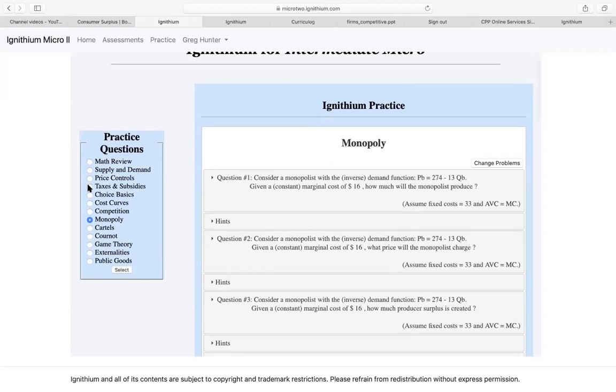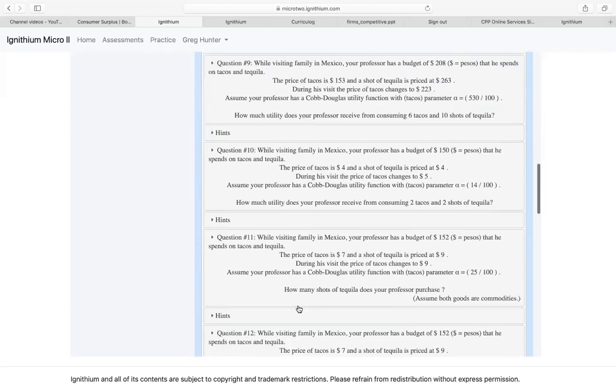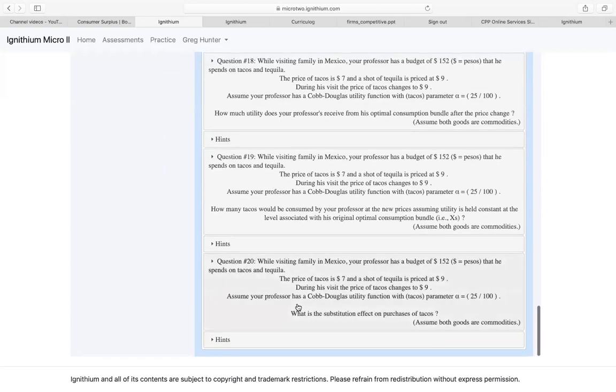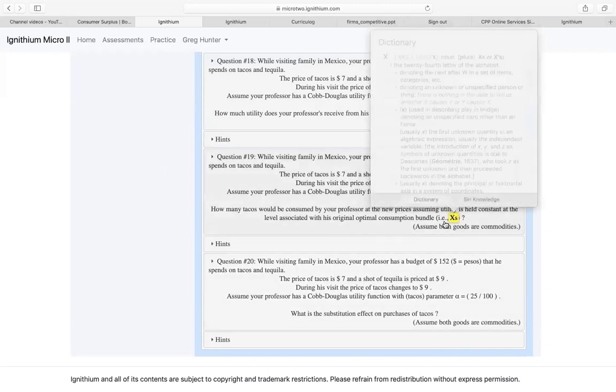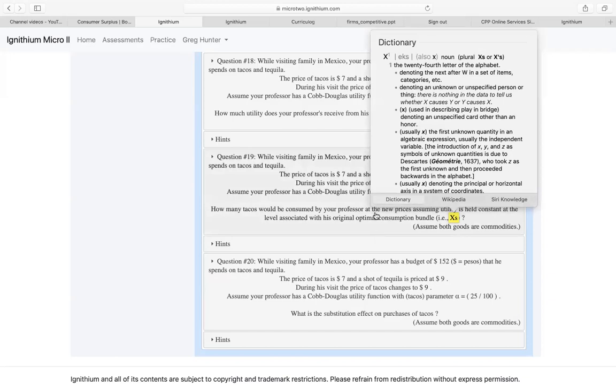But right now we're still up here on choice basics, and then we have these last 2 questions. What makes these last 2 questions kind of a challenge is that, if you remember from our diagram before, we have this new point, XS, I highlighted there.